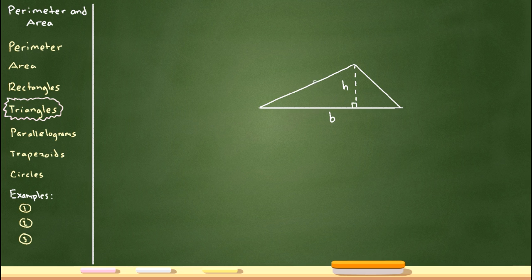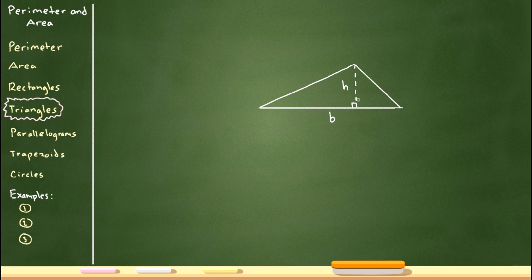In certain scenarios, it may be easier to call one side the base over another, but that takes experience in looking at multiple different triangles. And the height, I have this labeled H. The height is going to be a perpendicular distance from the base to the highest point in the triangle.